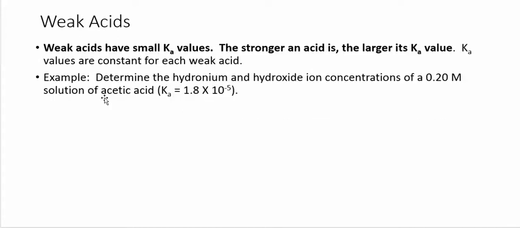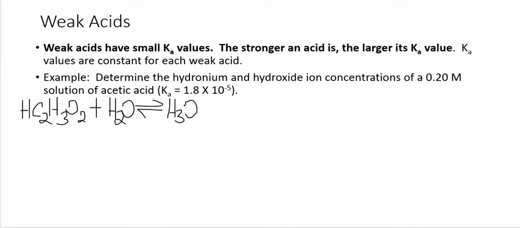Let's look at this example right here. We have acetic acid. We're given the Ka value. So I know it's a weak acid. We're going to write the equation. Acetic acid plus water forms H3O, hydronium, plus acetate.